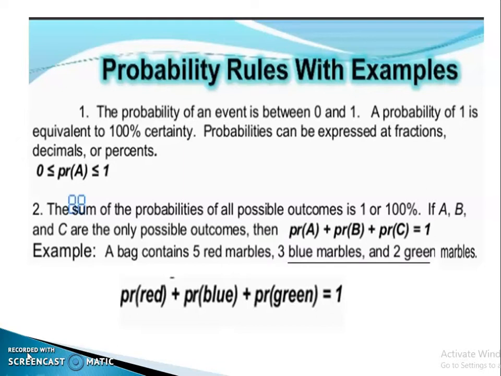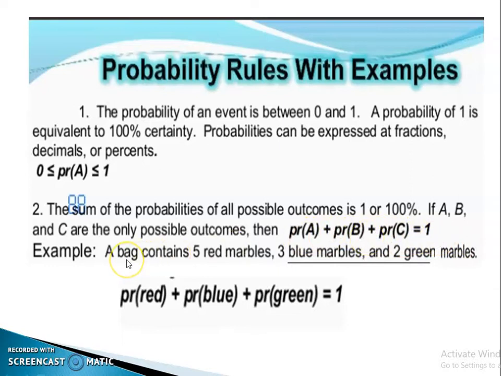Second rule: the sum of the probabilities of all possible outcomes is 1 or 100%. If A, B and C are the only possible outcomes, then probability of A plus probability of B plus probability of C is equal to 1. Sum of all the three events is equal to 1.